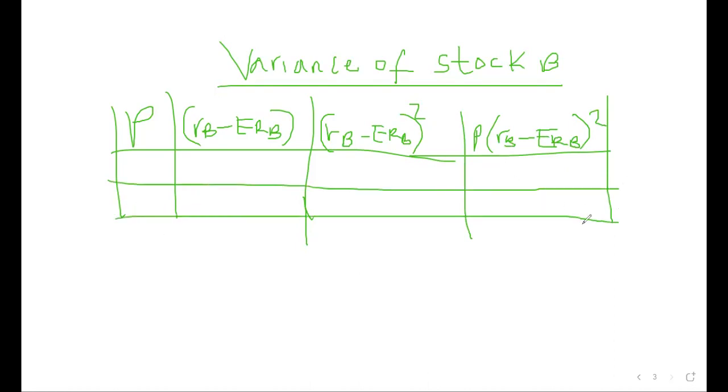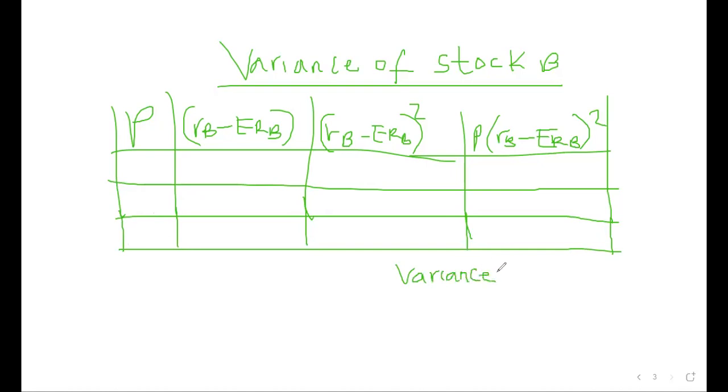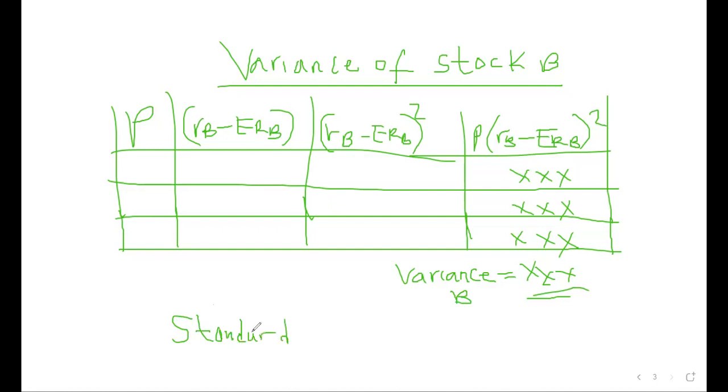As we add these up, we find the variance, which is the variance of B. Standard deviation is equal to the square root of variance.